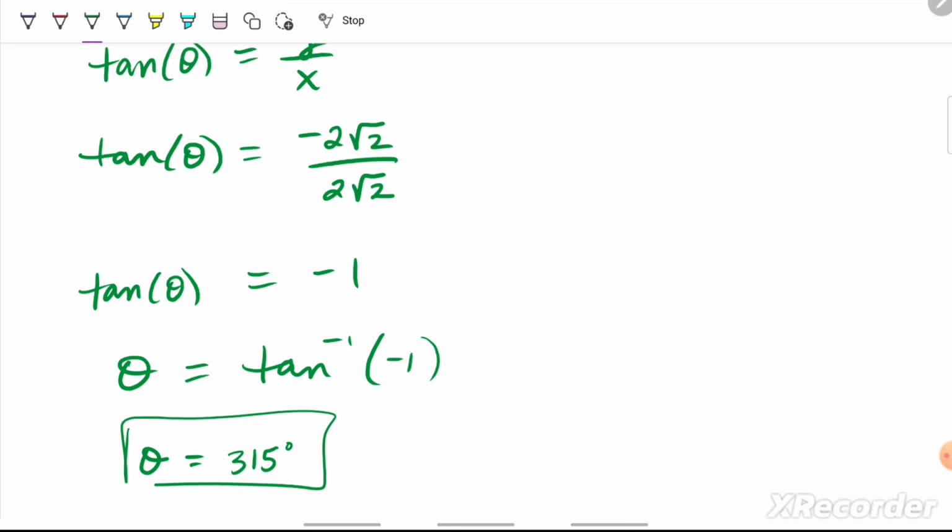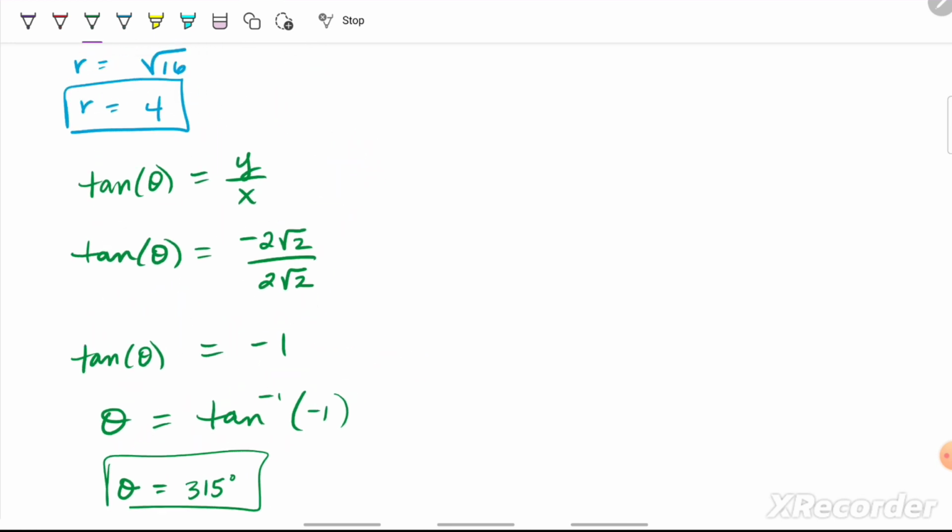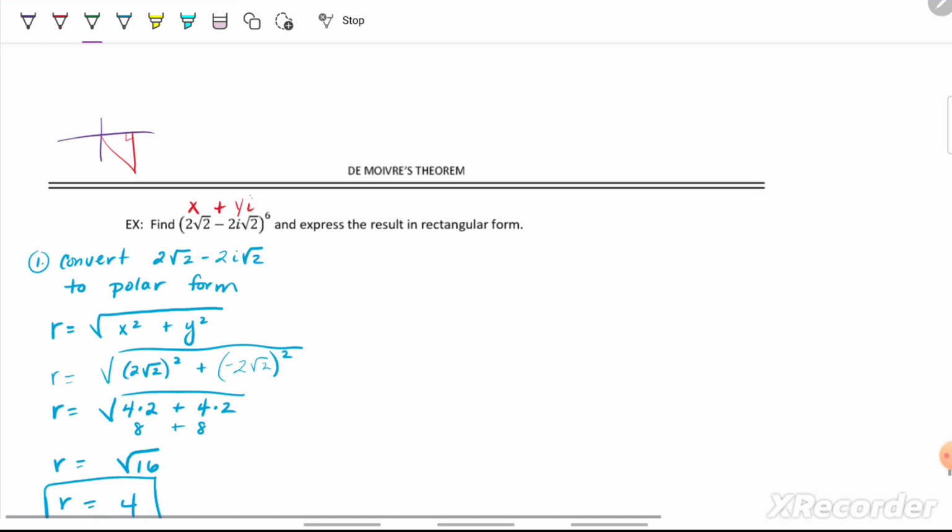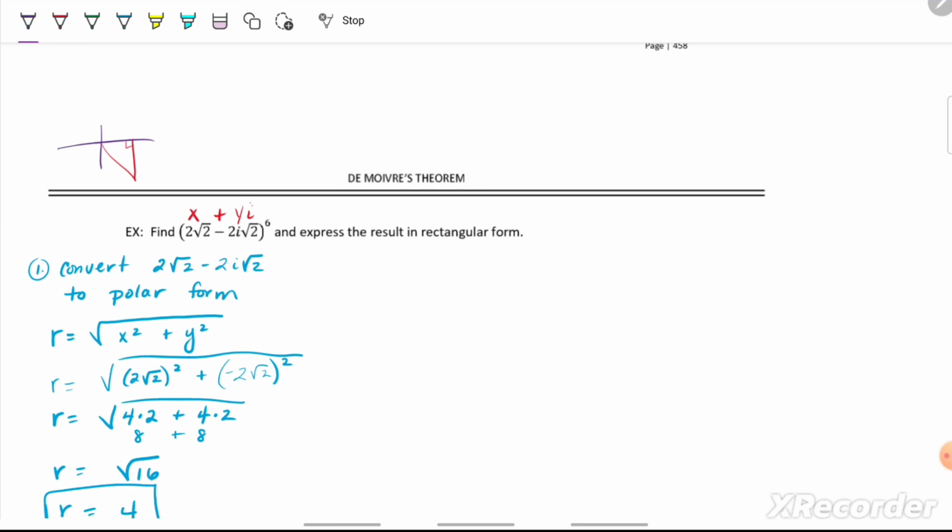Well, now that we have those two things, we can rewrite our answer in polar form. This becomes 4 times cosine of 315 degrees plus i sine of 315 degrees, and then all of this raised to the 6th power.